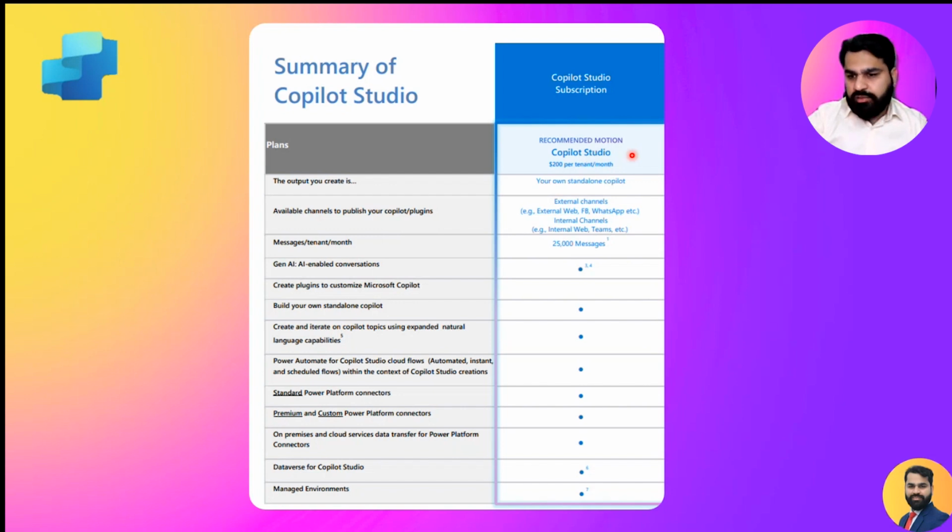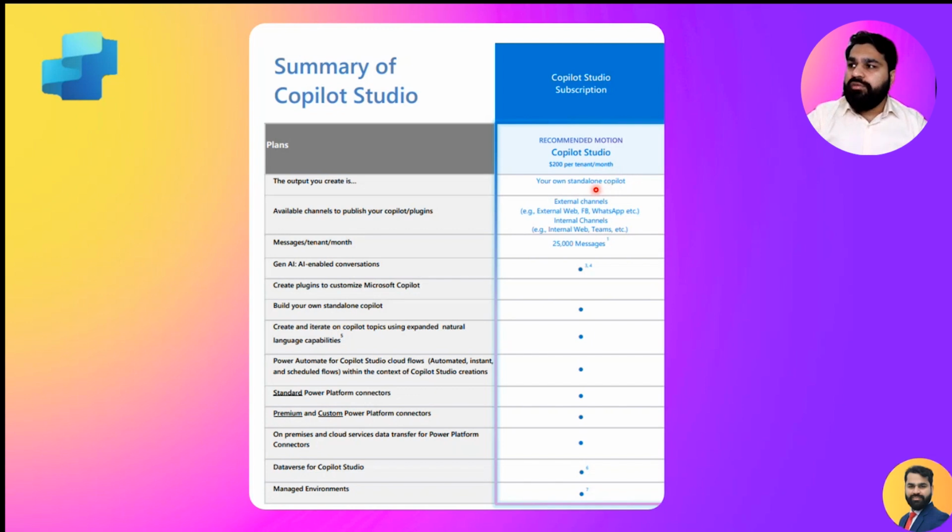There are first-hand copilots also. The first-hand copilots are generally the copilots with Excel, copilots with PowerPoint, copilots within Power Apps, Power Automate, right? Those are called first-hand copilots, and then Copilot Studio can help us create our own custom copilots also. Some use cases are like a Travel Desk Copilot, right?